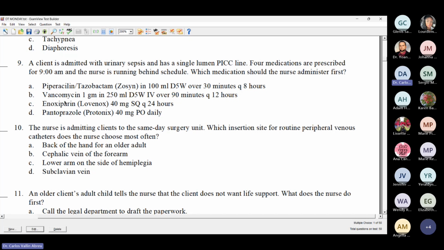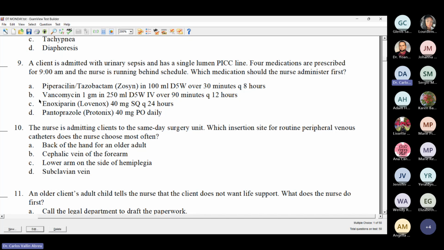So you need to start all those medications between 8:30 and 9:30. That is correct. And you need to make the combination the best way possible. It is called management.